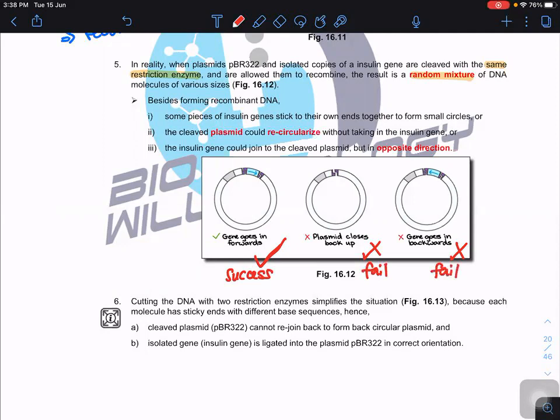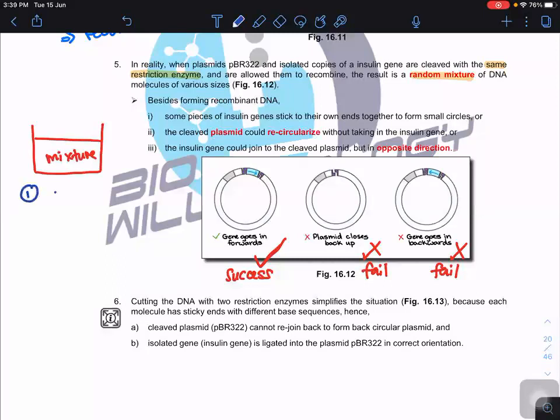At this moment, don't waste time checking which one is correct, which one is wrong. Are you clear? Because we won't be able to check it at this moment, and the process is very tedious. So what we're going to do here is put it aside. In this mixture, we're going to have two possible outcomes.